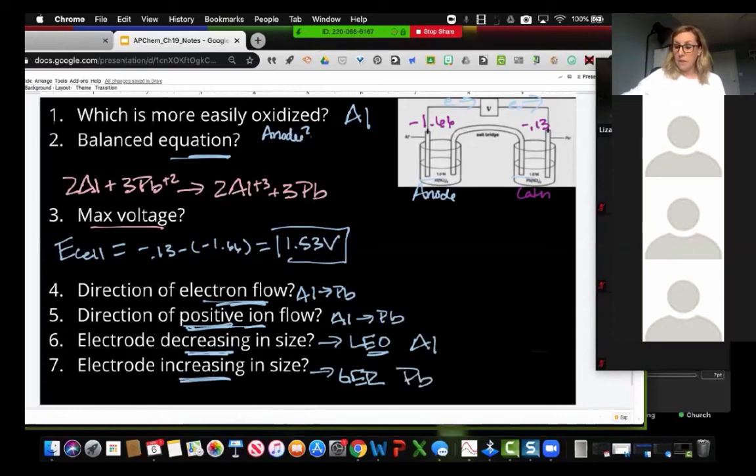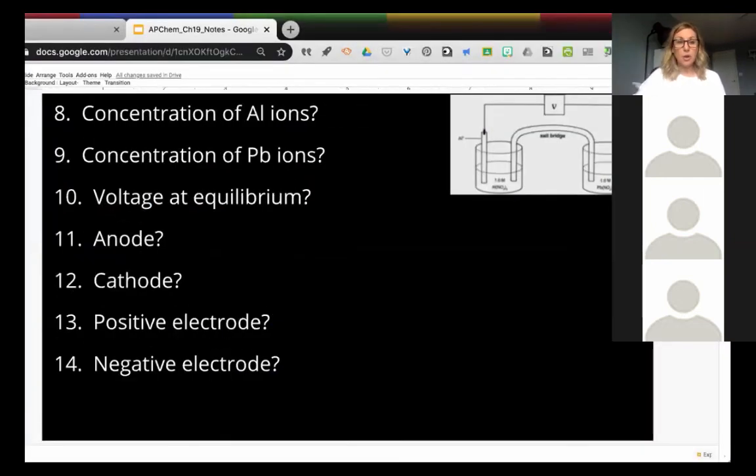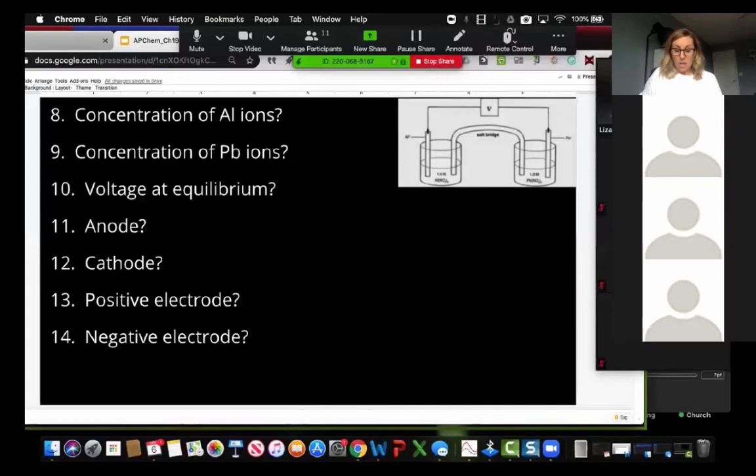Okay, next couple questions. Concentration of Al ions. So that means these ions that are in solution, is the concentration of those ions going to increase or decrease? If you think about what's happening here, the Al is losing its electrons, so it's going from Al to Al plus 3.